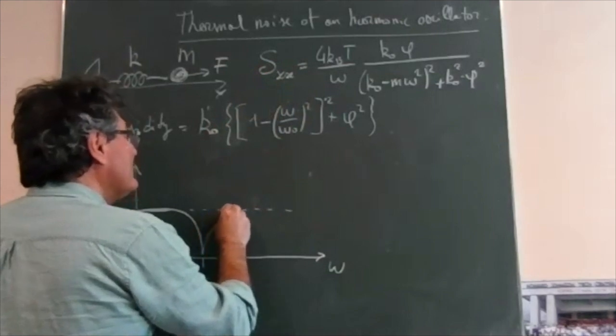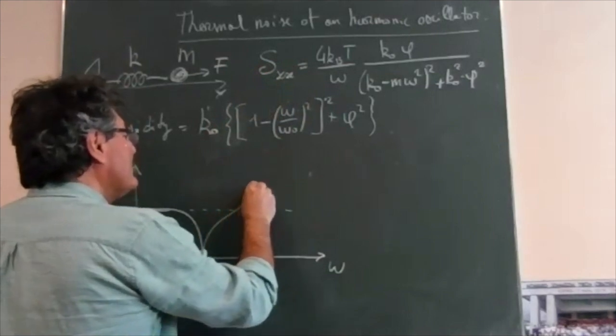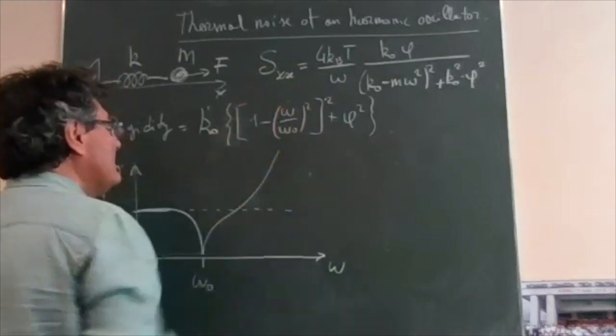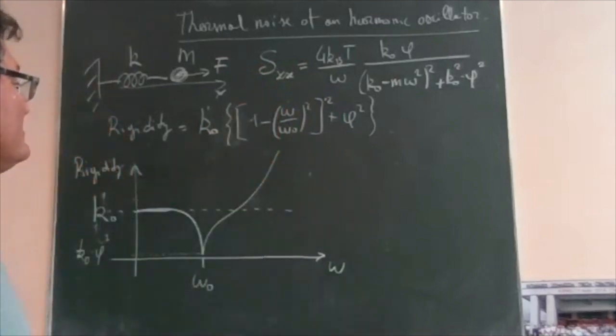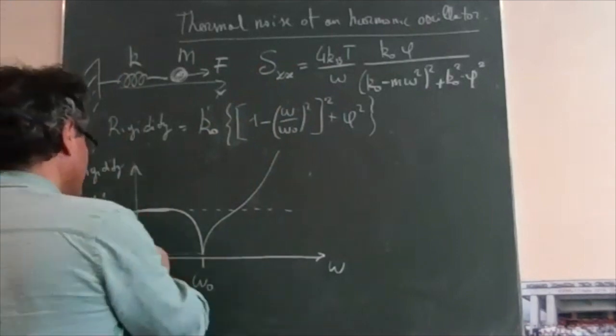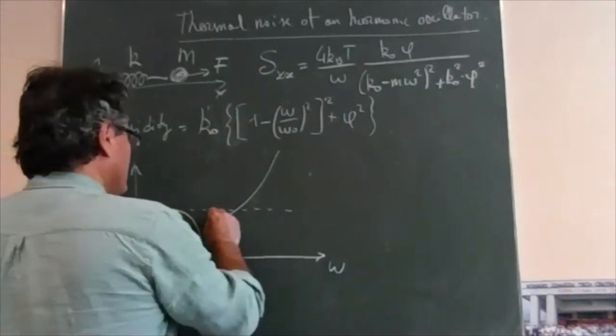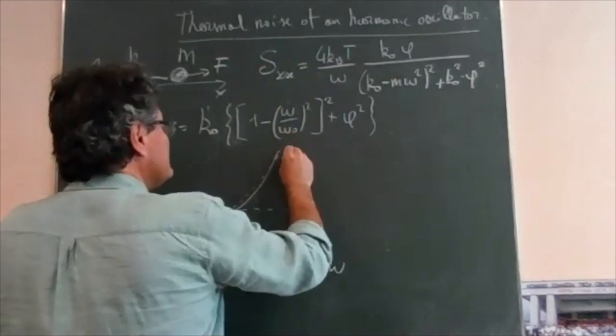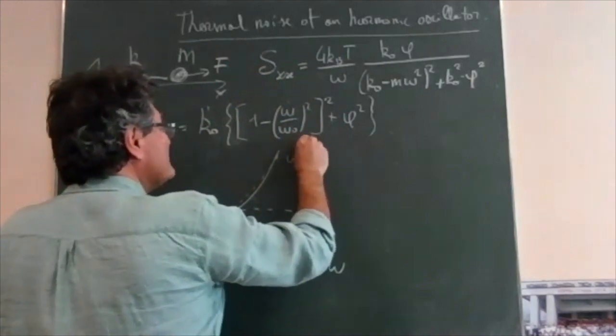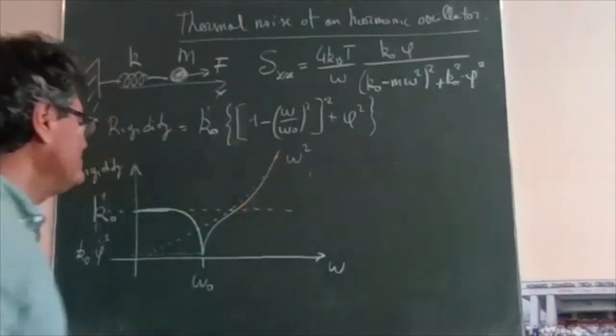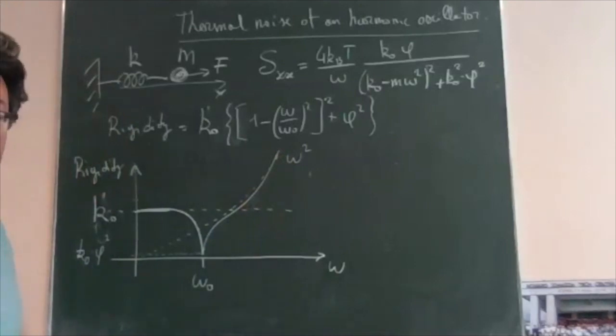And then we have the function that is like this, a square function. It goes like omega squared. It's proportional to omega squared. Okay? So this is the rigidity.